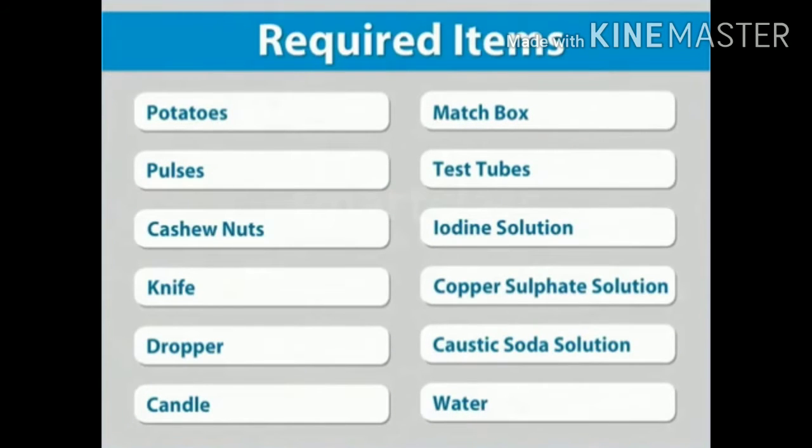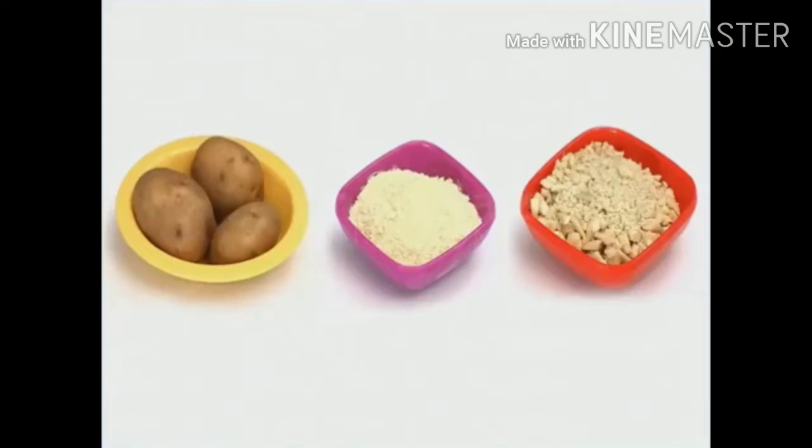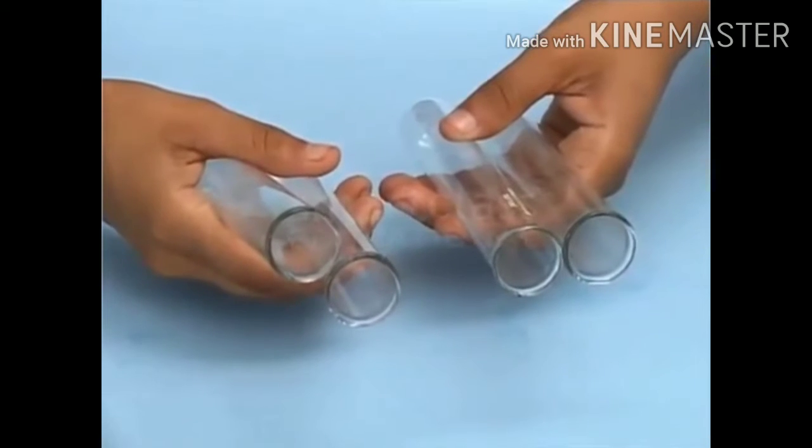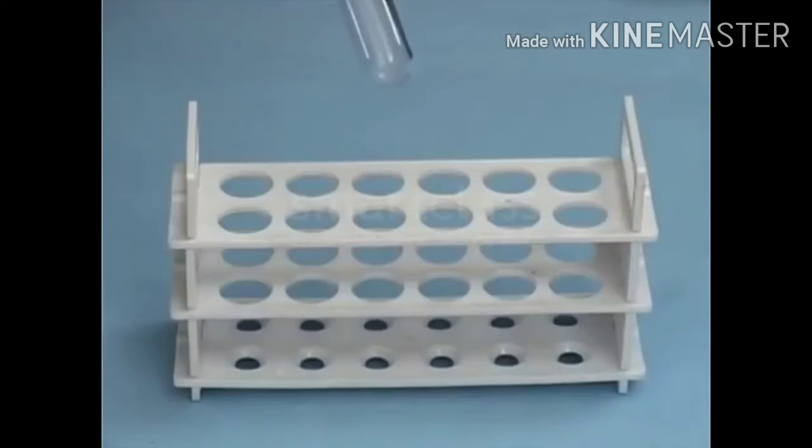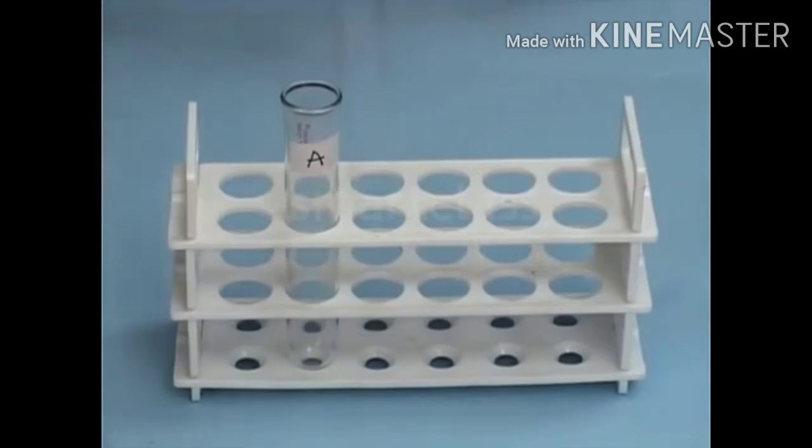Let's first test the food items for the presence of starch. Take 4 test tubes and mark them as A, B, C, D and place them in a test tube stand.